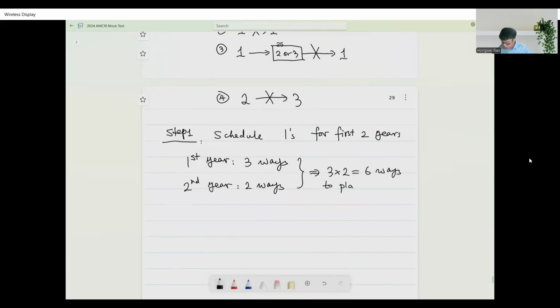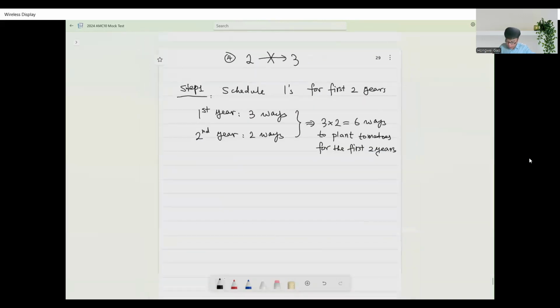To plant tomatoes for the first 2 years, let me just quickly show these 6 cases.